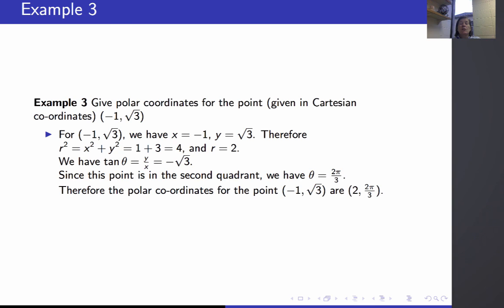Now this point is in the second quadrant, so there's a unique angle between pi over 2 and pi which has tangent of theta equals minus the square root of 3. That angle is theta equals 2 pi over 3, so the polar coordinates for this point are r equals 2 and theta equals 2 pi over 3.